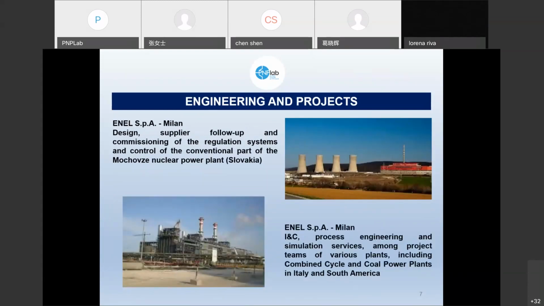Again, with NLSPA, this time for international projects, such as the design, supplier follow-up and commissioning of the regulation systems and control of the conventional part of the Mochovce nuclear power plant in Slovakia, and process engineering and simulation services among various project teams of various plants, including combined cycle power plants and coal power plants in Italy and also South America.